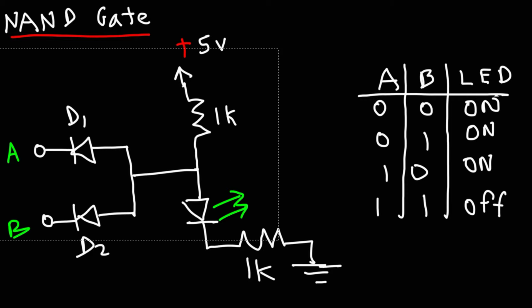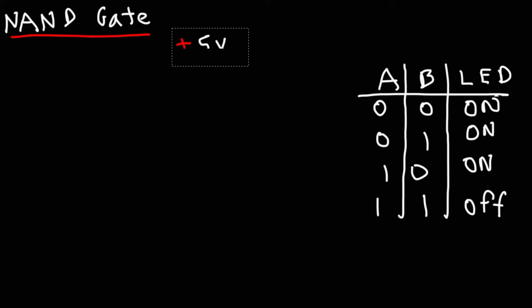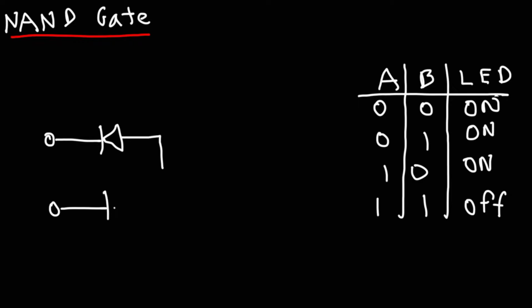So now let's get rid of this. And let's draw a new circuit. So just like before, we're going to have two diodes. And then after that, we're going to have a resistor go into positive 5 volts.